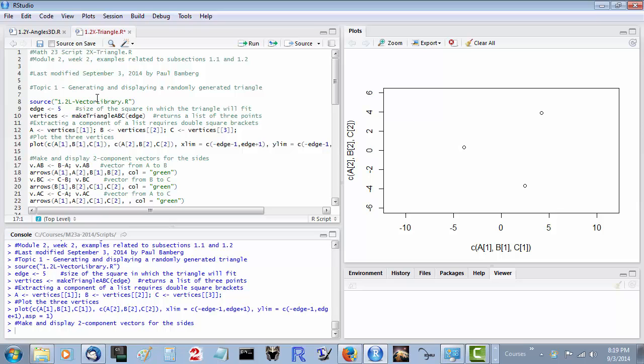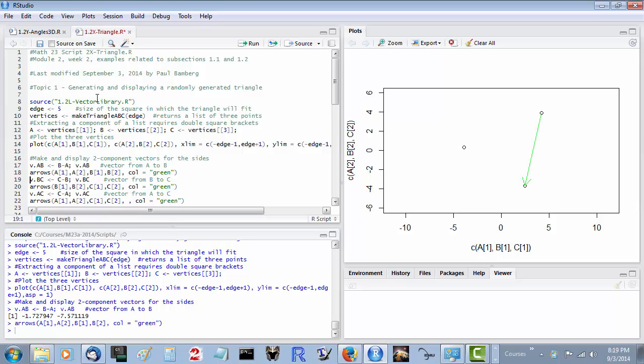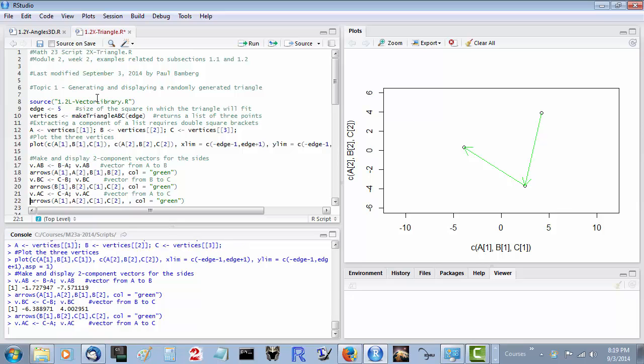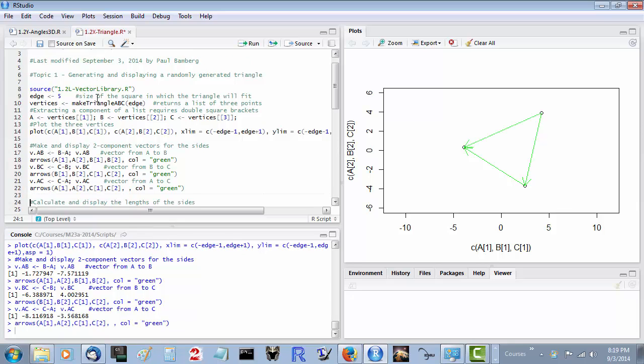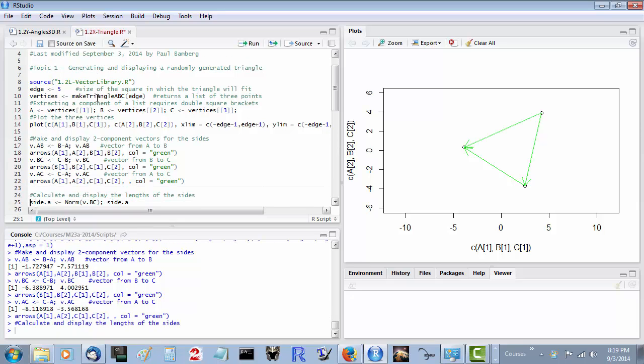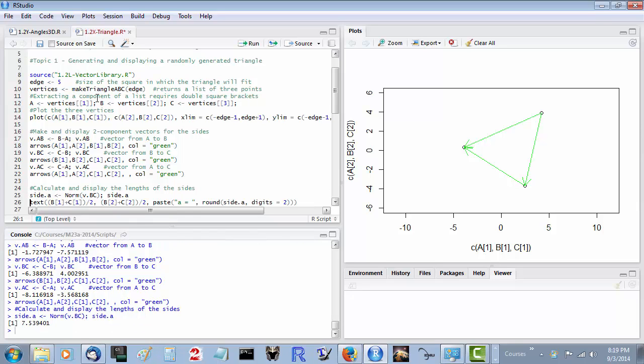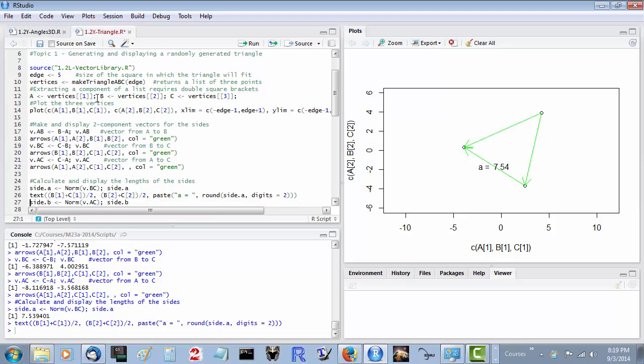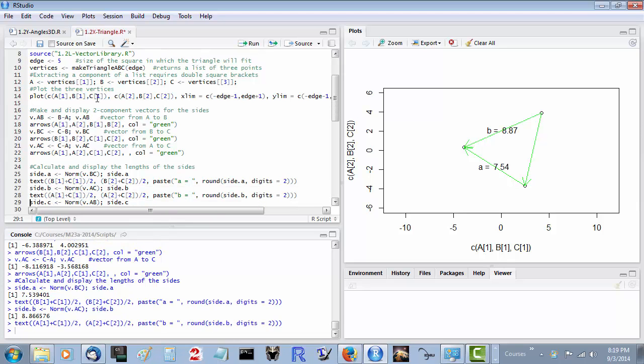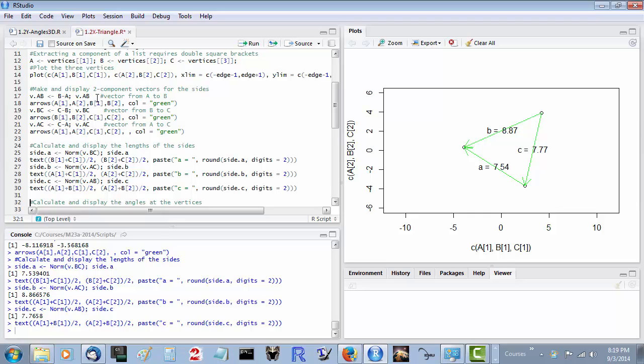Once I've got the 3 points, I can subtract them to make vectors and draw arrows to represent the vectors. Now, using the norm with a capital L function, I can display the length of each side and write it across the middle of the side.